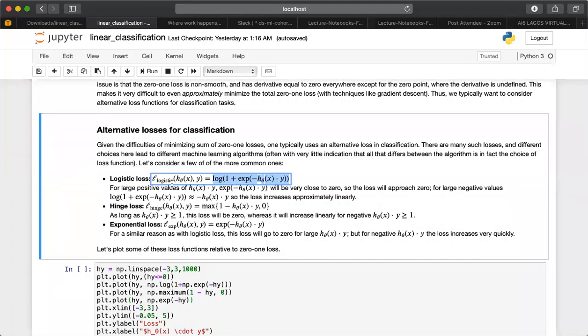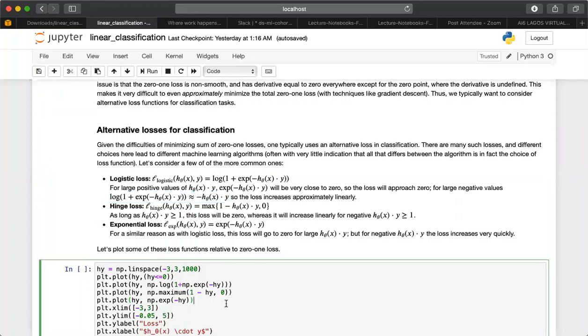On the other hand, if we have large negative values here, we get something closer to minus h of x times y. I don't know if you understand what I'm trying to say.